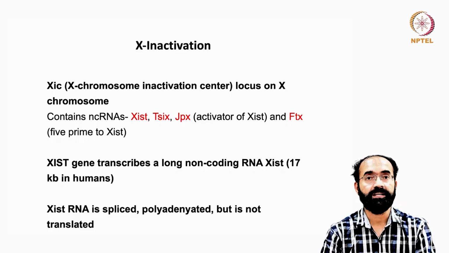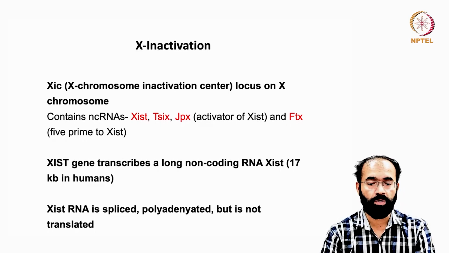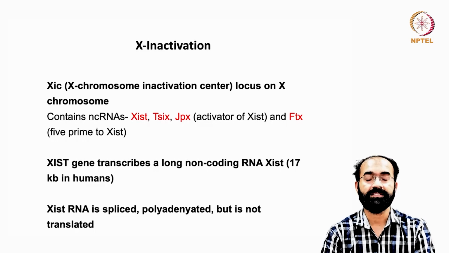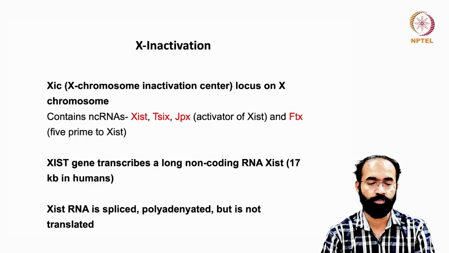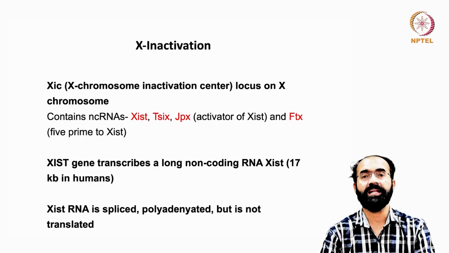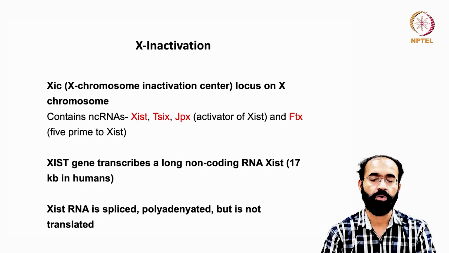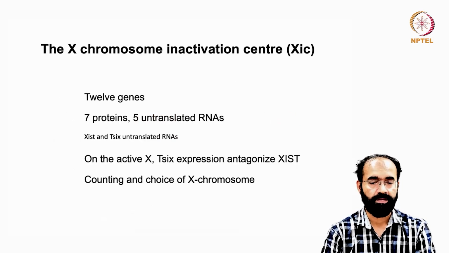And the Xist gene transcribes a long non-coding RNA Xist, that is roughly 17 kilobases in humans, and Xist RNA is spliced, polyadenylated, but not translated, because it does not have the codons. So splicing and polyadenylation happens before it can coat onto the X chromosome.